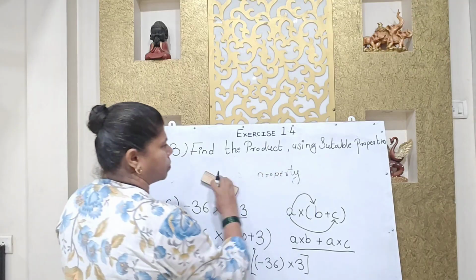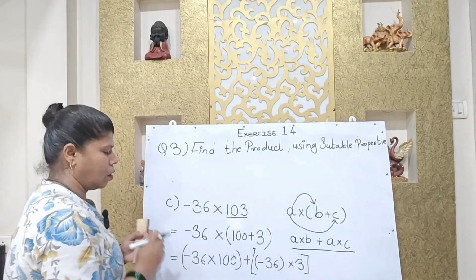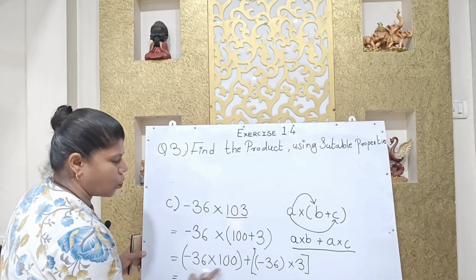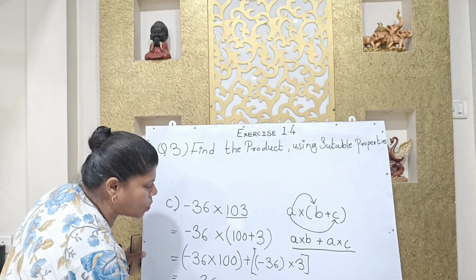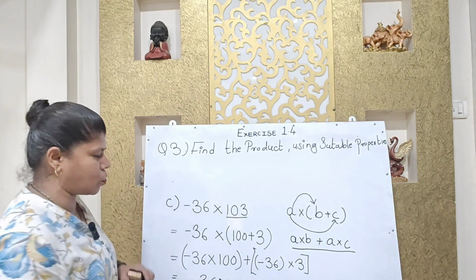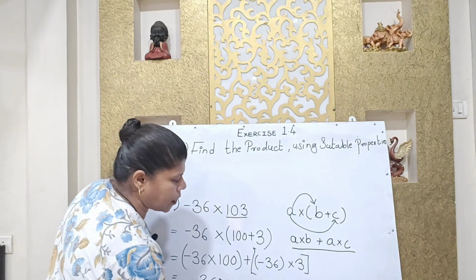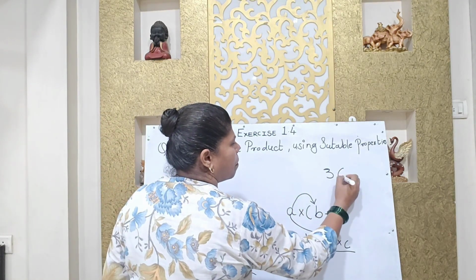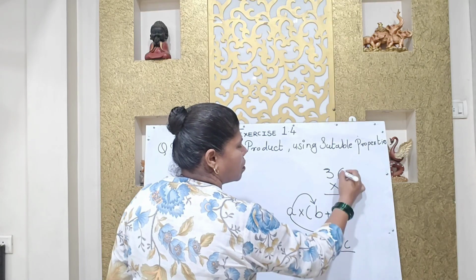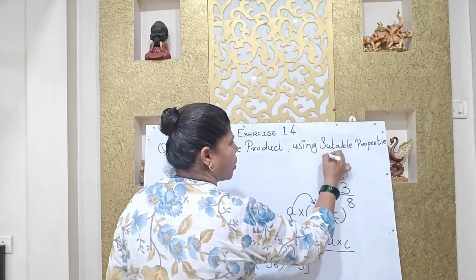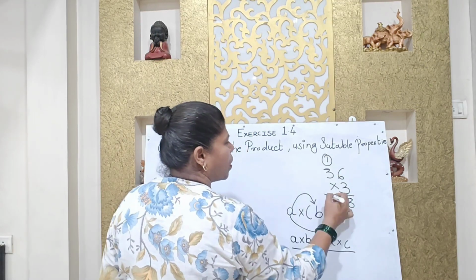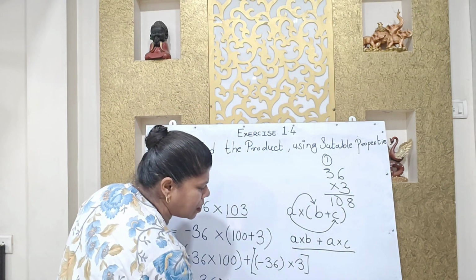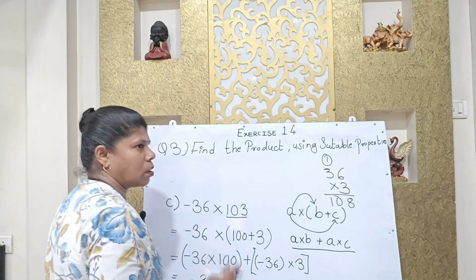Now here, minus 3600, easy. You just have to write down the two zeros of the 100 after the 36. Then the plus sign again. 36 multiply by 3. 3 6s are 18, 8 carry 1. 3 3s are 9 and 1 is 10. 108. It is a minus 108.